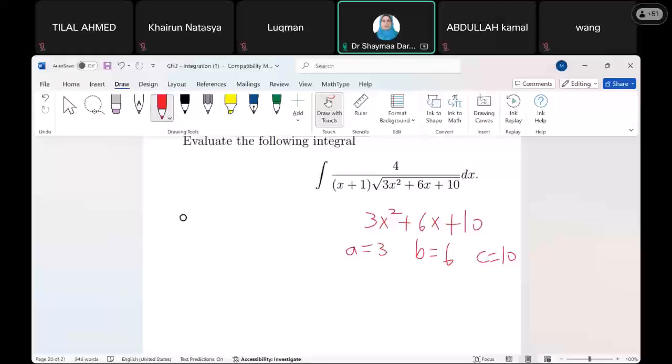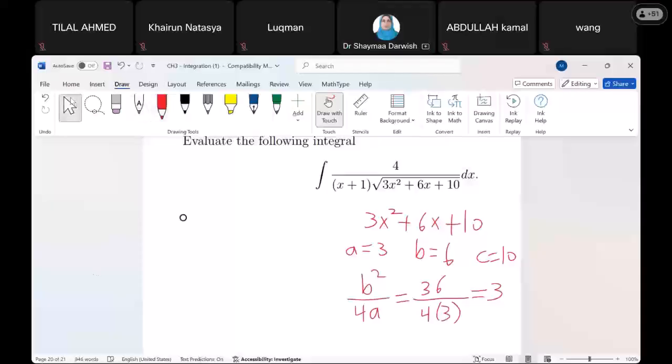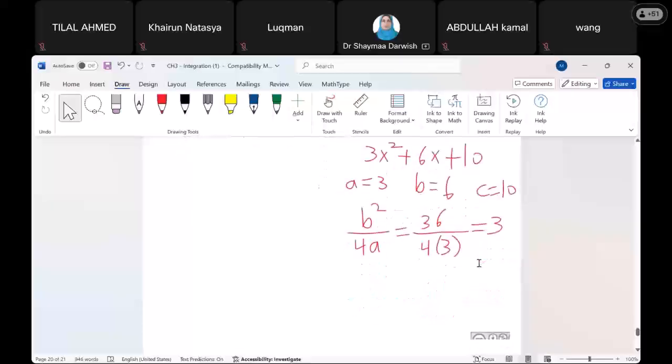Now to complete the square, evaluate b squared over 4a. B squared is 36, 4a is 4 times 3, which is 12. So 36 over 12 is 3. So what I need to do is add plus 3 minus 3.